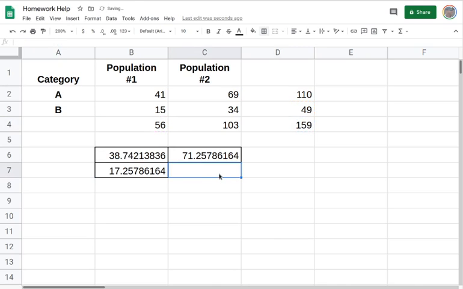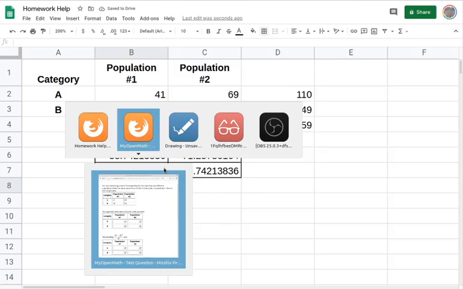And then finally, for the bottom right, I'm going to take the bottom row times the right column sum divided by the total. And these are the values for my expected table.